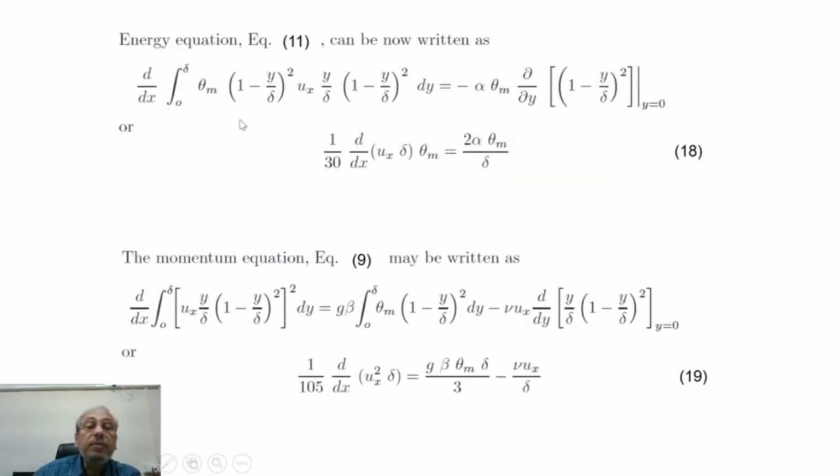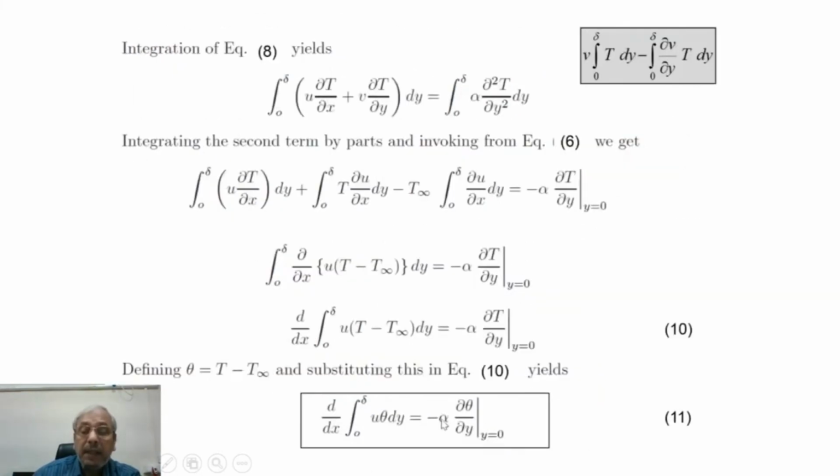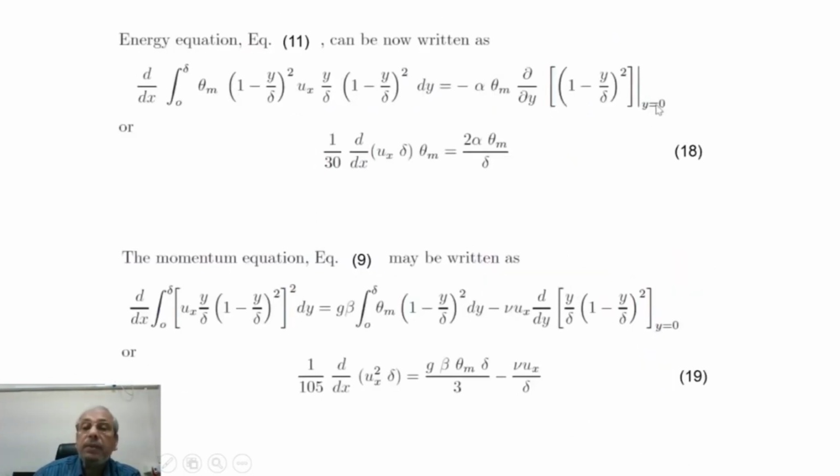So d/dx of the integral of theta m times (1 minus y by delta) squared, times u, which is Ux into y by delta (1 minus y by delta) squared, dy, equal to minus alpha theta m del/del y of (1 minus y by delta) squared, which is nothing but minus alpha del theta/del y at y equal to 0.